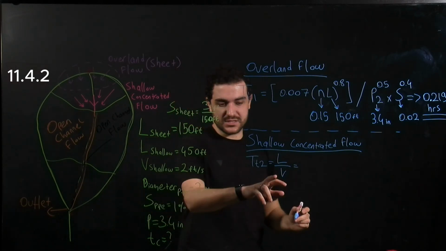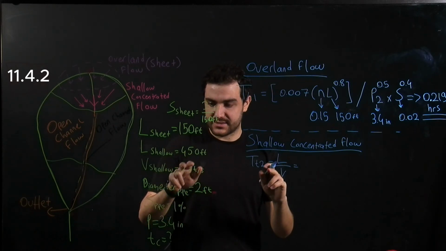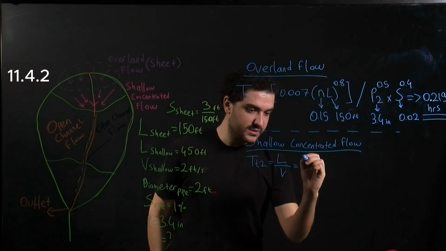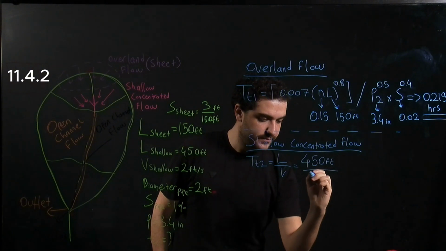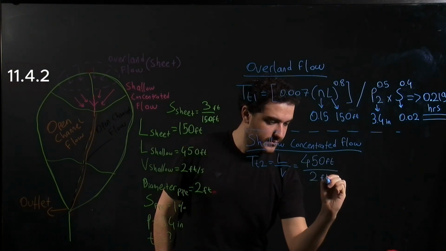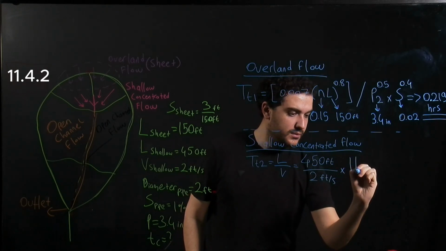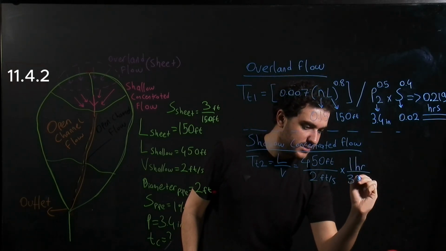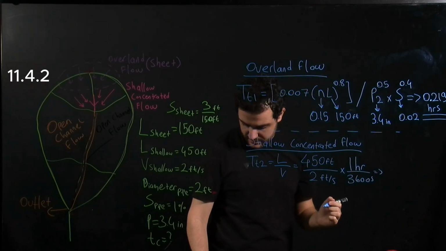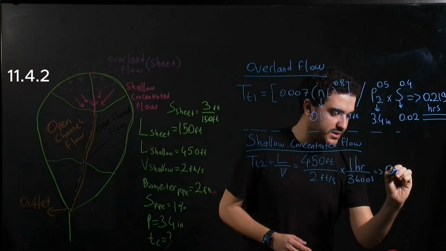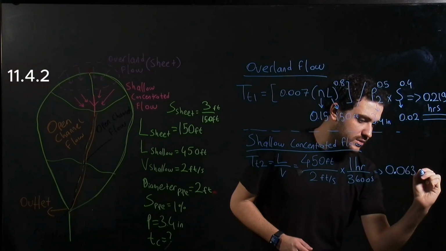This time we already know the velocity, which is 2 feet per second, and the length is 450 feet. Let's convert it to hours. From here we will get 0.063 hours.